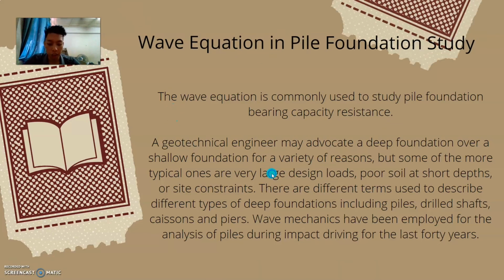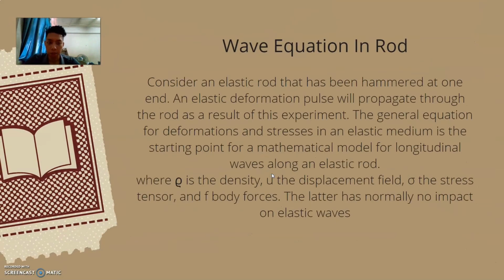Moving on to the next slide, wave equation in rod. Consider an elastic rod that has been hammered at one end. An elastic deformation pulse will propagate through the rod as a result of this experiment.